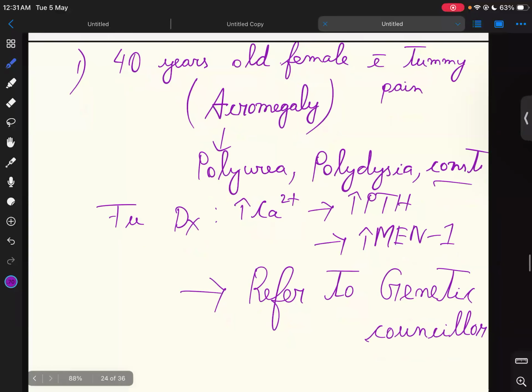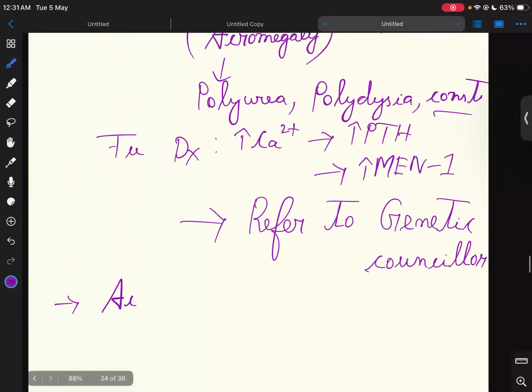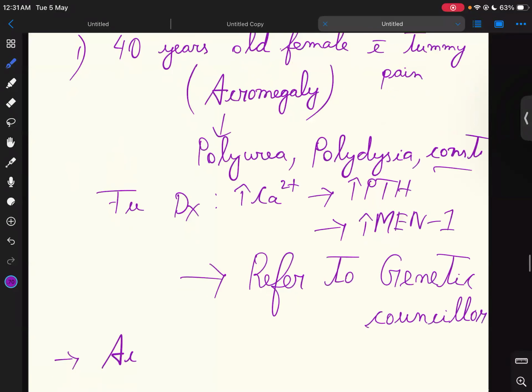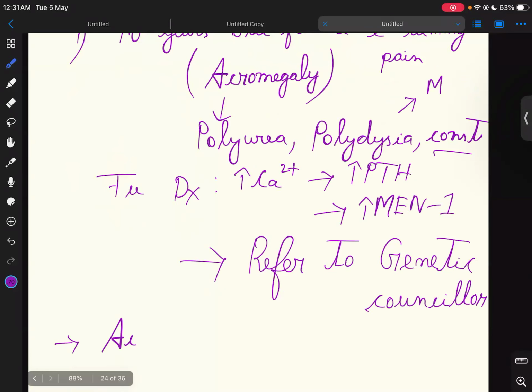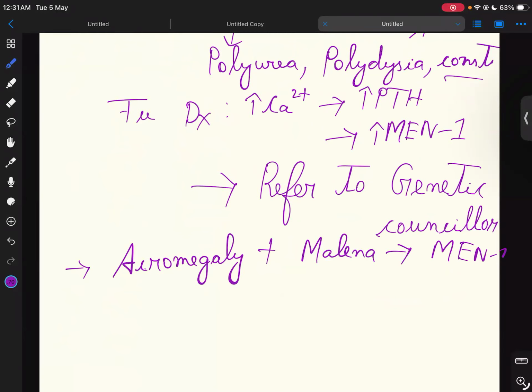Wonderful diagnosis, patient. So you can remember a rule: any acromegaly patient, this epigastric tummy pain is due to hypercalcemia, due to peptic ulcer disease. He is also going to have some melena. So in short, for the PACES exam, you can remember this rule: acromegaly with melena is MEN1. No, doctor, no colon cancer.